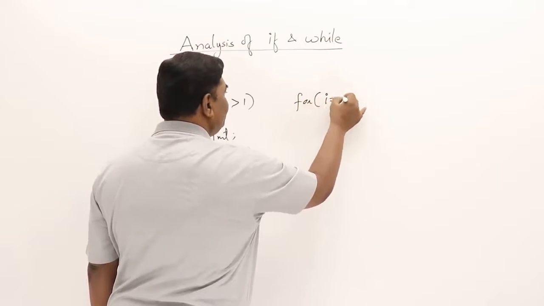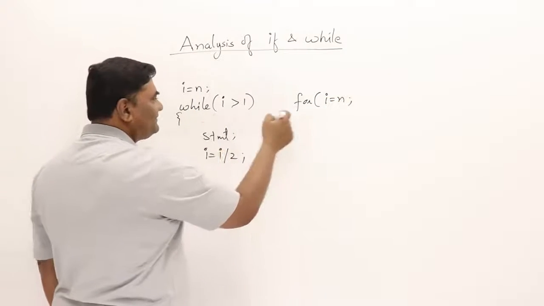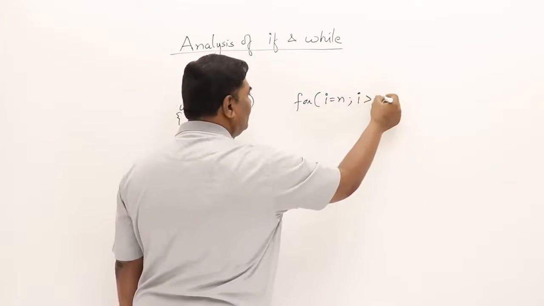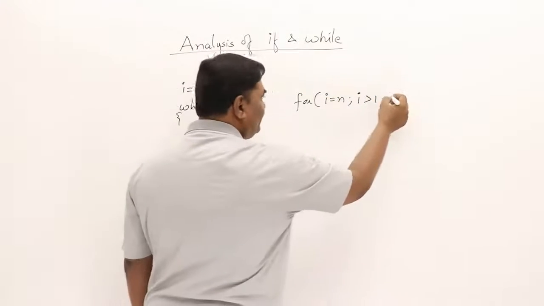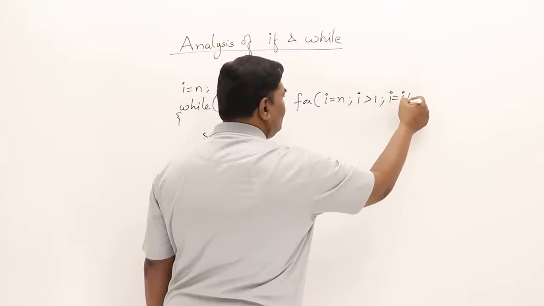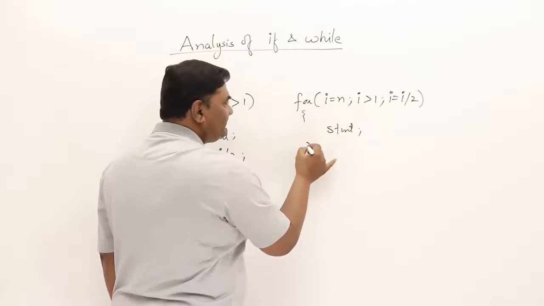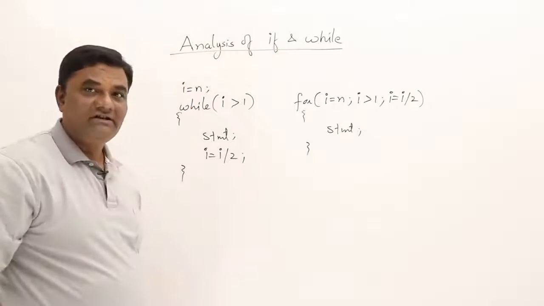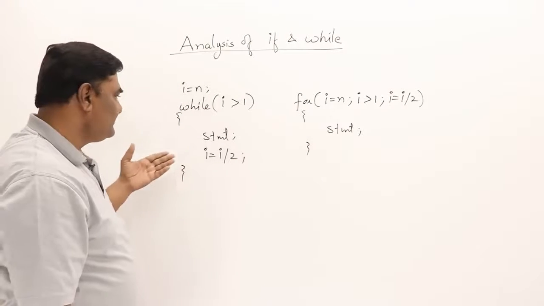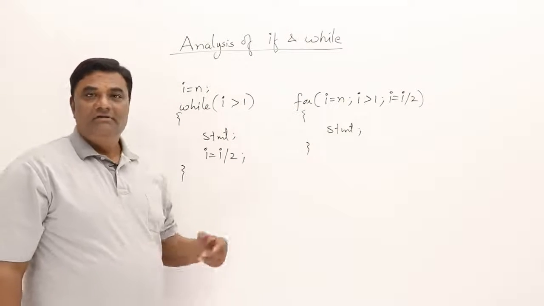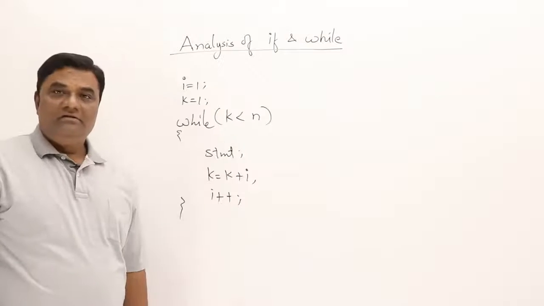For i assign n, i is greater than 1, i assign i by 2, some statement inside. So this type of statement already we have analyzed in for loop. That same thing is using while loop. So the time will be same.